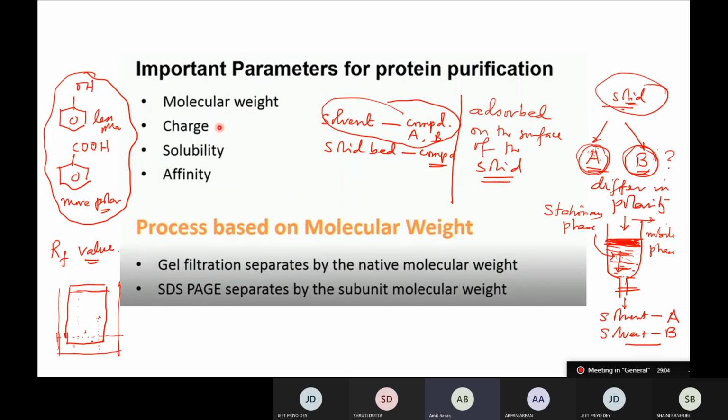Now what is the effect of the solvent when it goes up? It will try to take this solid along with it, but the silica gel wants to retain it at the place where it was.